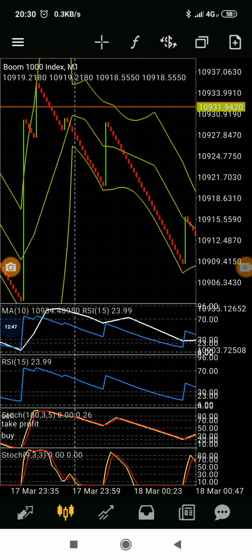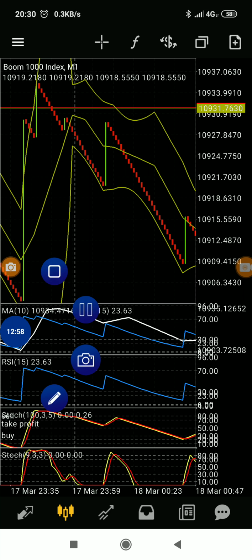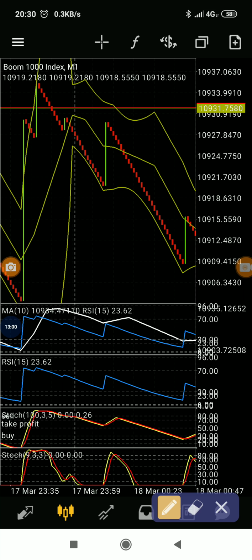What you have to do is this: first of all, you wait for the moving average. You can see this moving average here. Let it be at that level, or let it cross the 70.